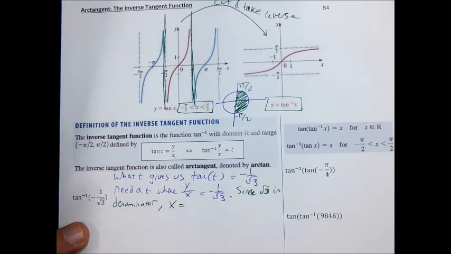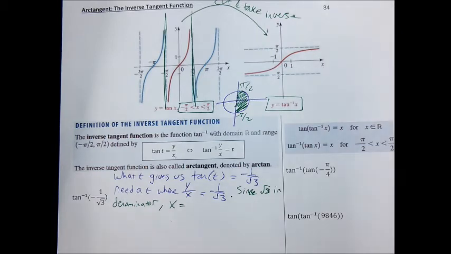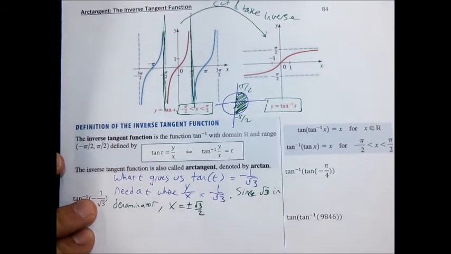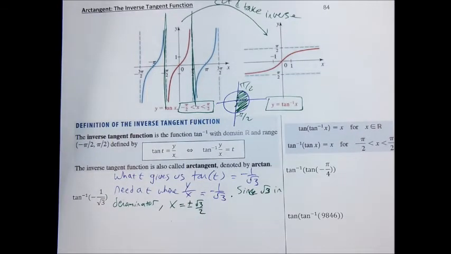And what type of points have root 3? What goes with root 3? Nothing just has root 3. It's root 3 divided by 2. So x should be some form of root 3 over 2. Right? Because that'll put the root 3 in the bottom.